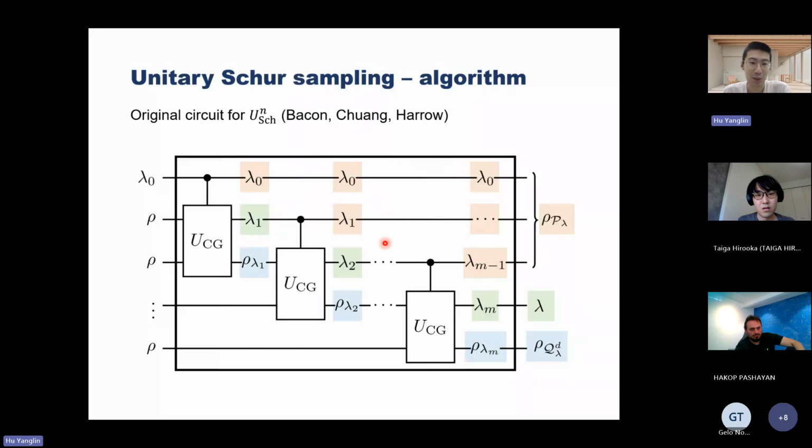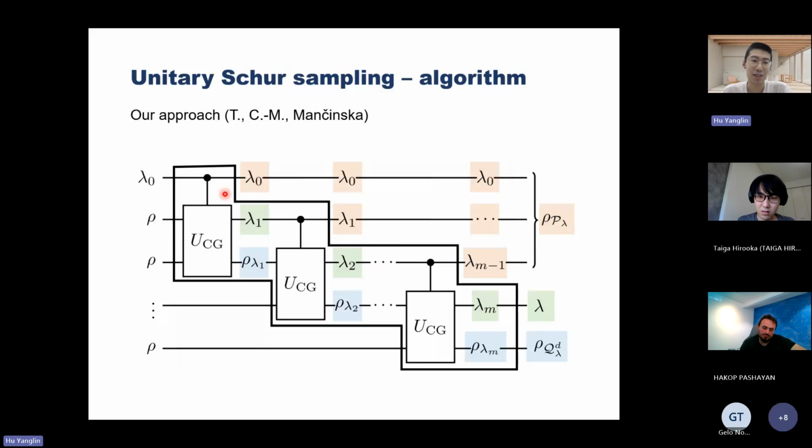This motivates us to do everything in a streaming way, so that, for example, we are facing the case where we get the input coming in a stream, and once we get a new fresh copy, we can first do the Clebsch-Gordan transform on those two.